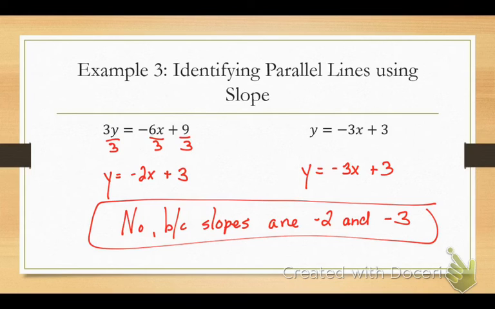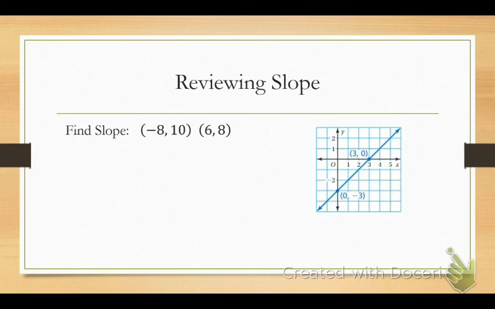They were not equal. All right, now we're going to take a little flashback here for a second. We're going to review slope. This is review, guys. We learned this two lessons ago. To find slope with ordered pairs, what is my formula?